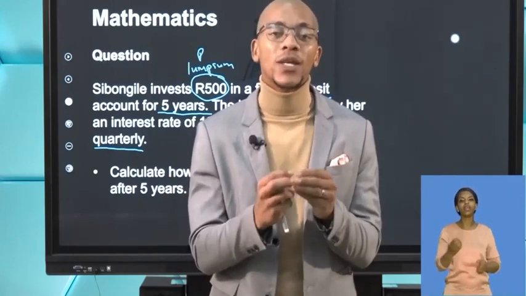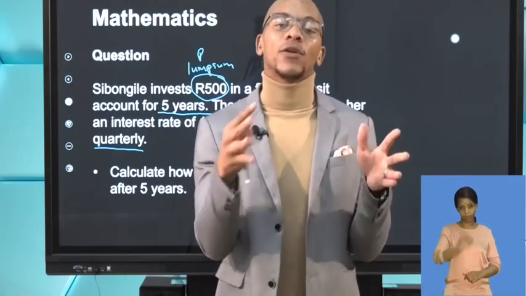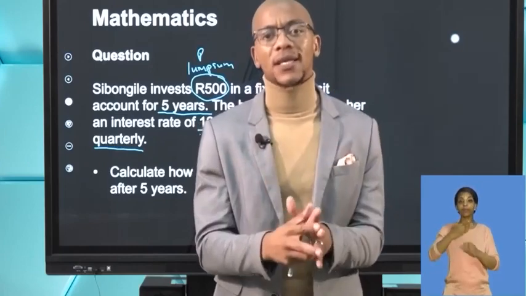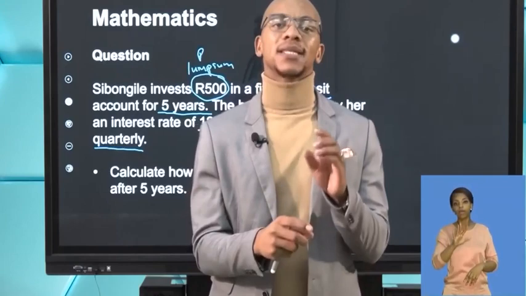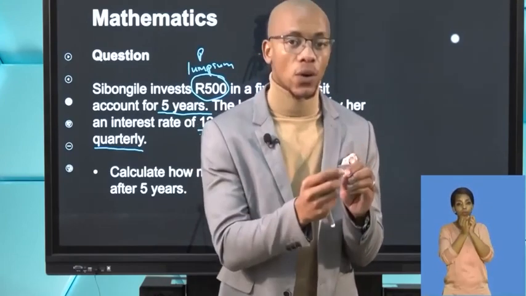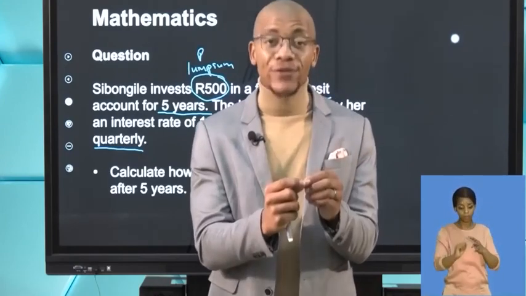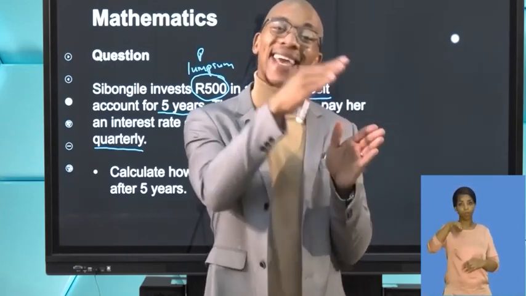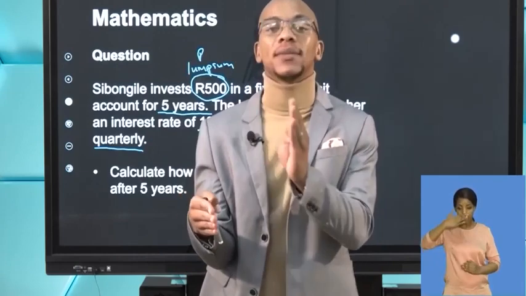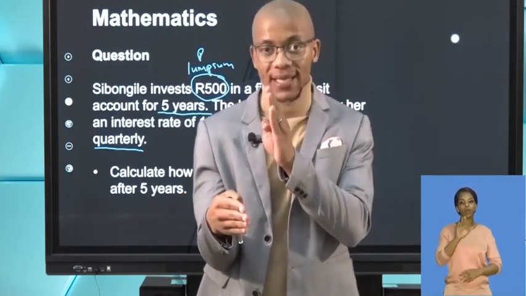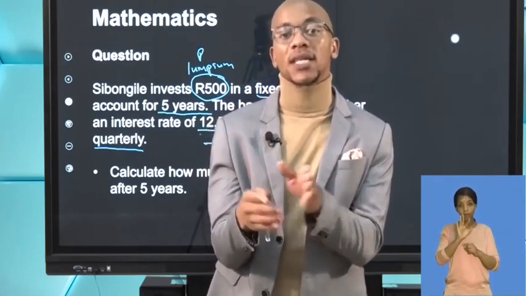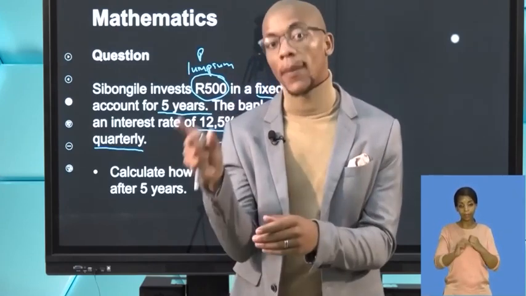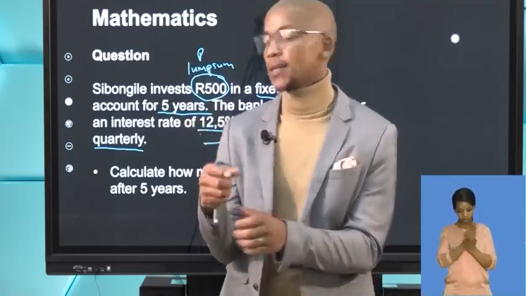I will always emphasize, please don't make the mistake of thinking that 12.5 compounded quarterly means the person is getting 12.5 every quarter. No. The 12.5 is what they get at the end of the year. But compounded quarterly means they get a quarter of that every 3 months in that particular duration. When you add it, it must amount to the 12.5%.